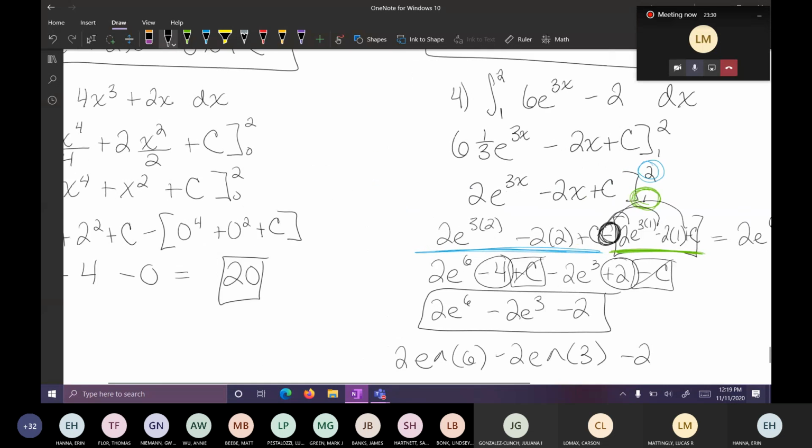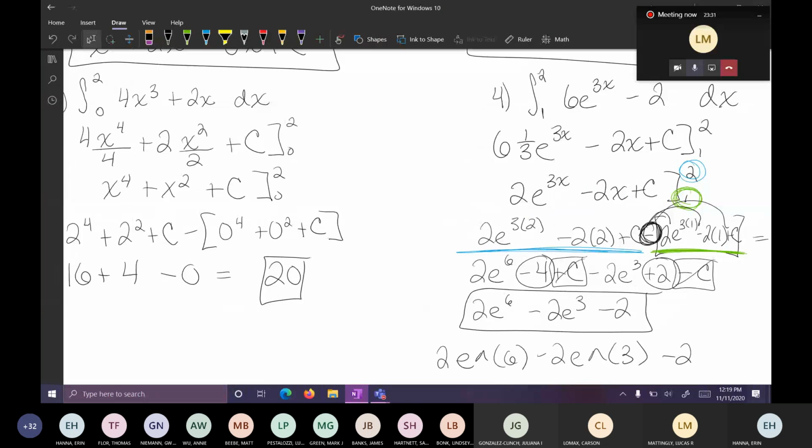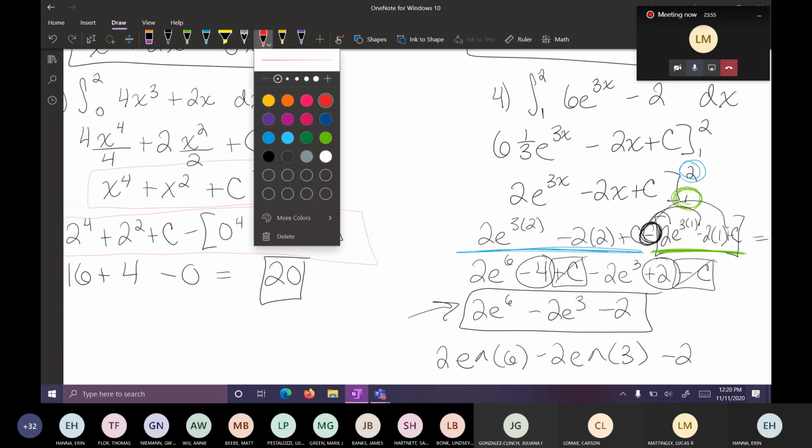Juliana, in terms of Wiley, no. So Wiley would need this. In terms of the quiz that you're taking today, and even if you take it online, on the quiz, I'm expecting you to show me the antiderivative, and I want you to at least show me you plugging it in.